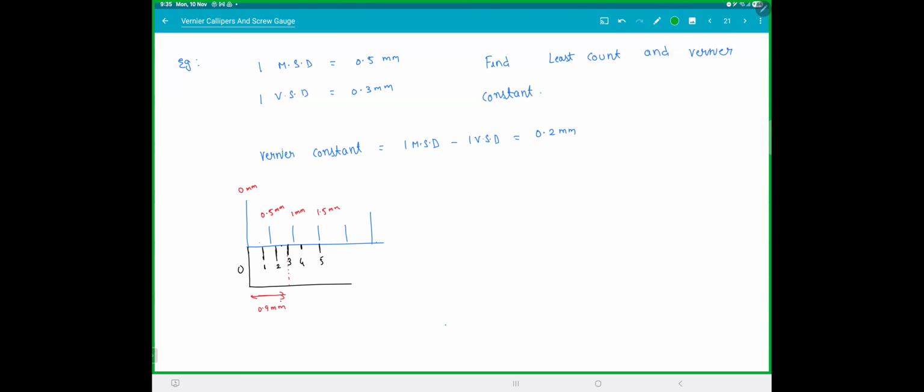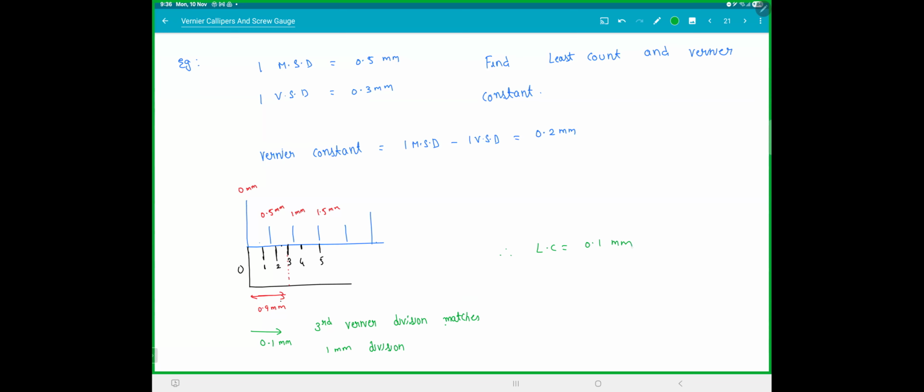So if you move this scale by 0.1 mm, the third vernier division matches the 1 mm division. Therefore, least count is 0.1 mm.